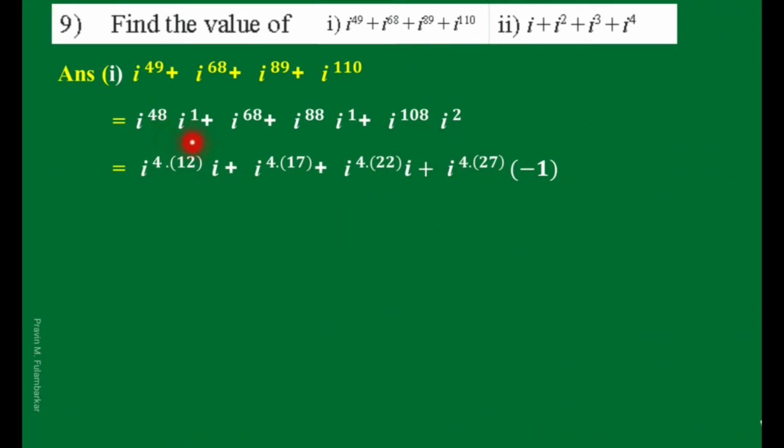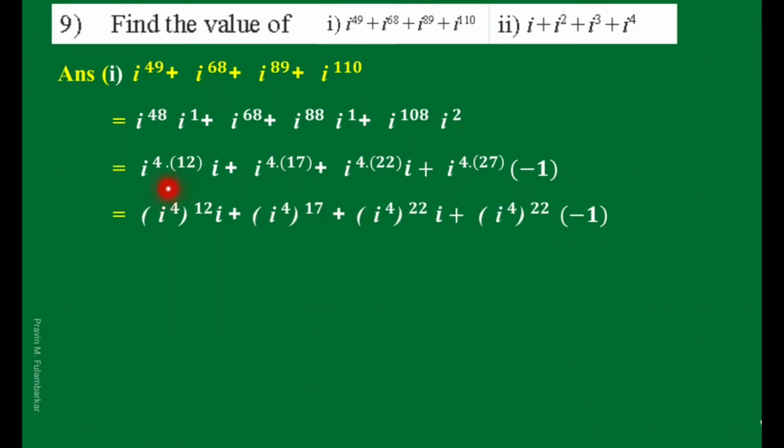And we replace here i raised to the power 1 by i, here i raised to the power 1 by i, and this i raised to the power 2 by minus 1. So we write this in the form of a raised to the power m, bracket raised to the power n, first.